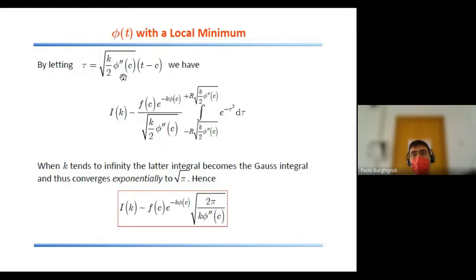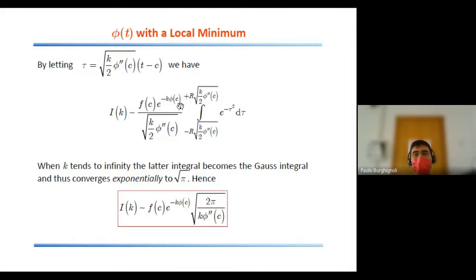So you will see that the integration limits must be changed because of this change of variables, and also there is this denominator here that comes from the Jacobian of the change of variables. The exponential evaluated at c has also been brought outside the integral. So as you can see in the numerator, we have the function f evaluated at c, and the generalized Laplace exponential also evaluated at c.